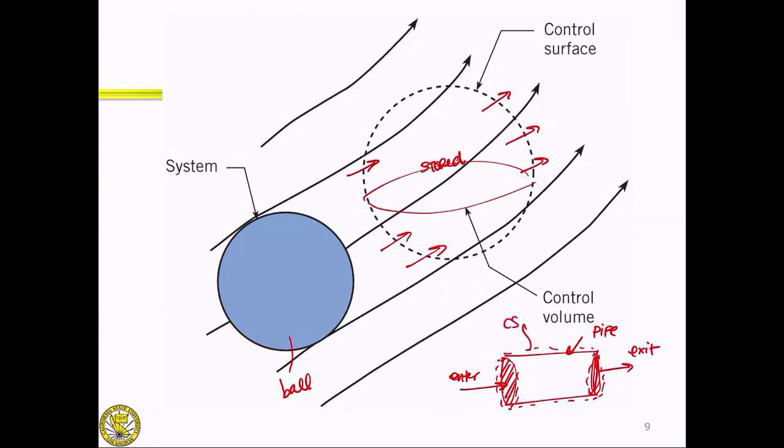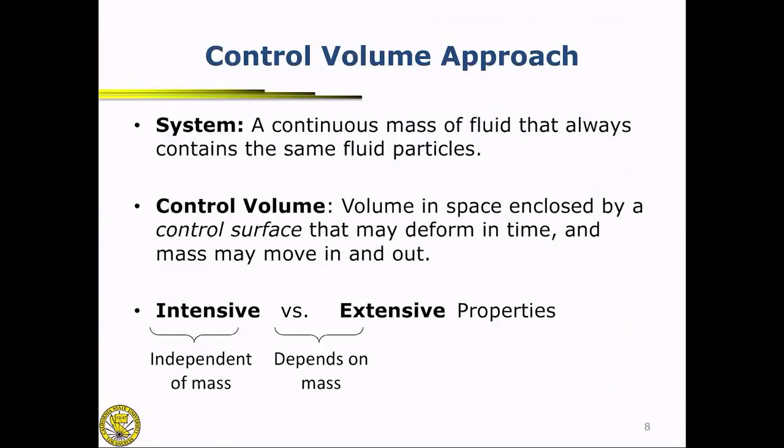We have particles moving in and out of our control volume, and we're essentially going to start tracking that movement, okay? One last thing to define or bring up is intensive versus extensive properties.